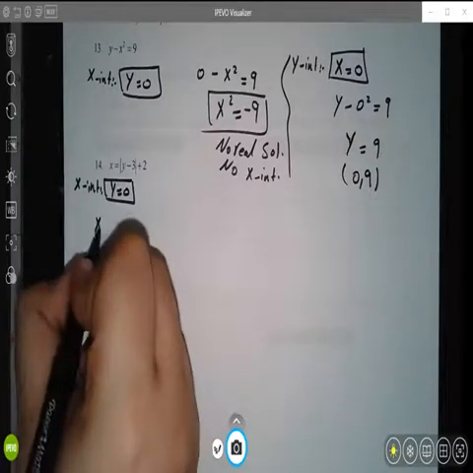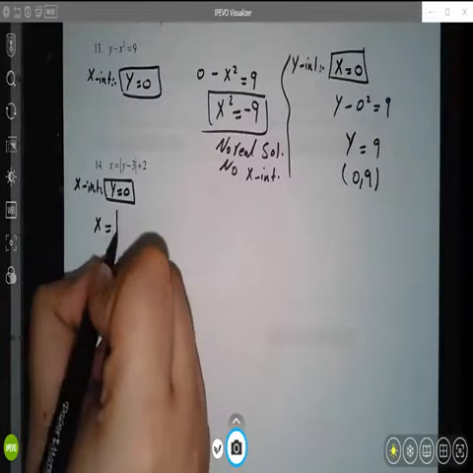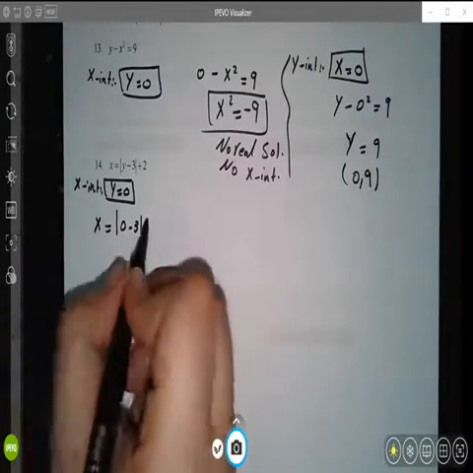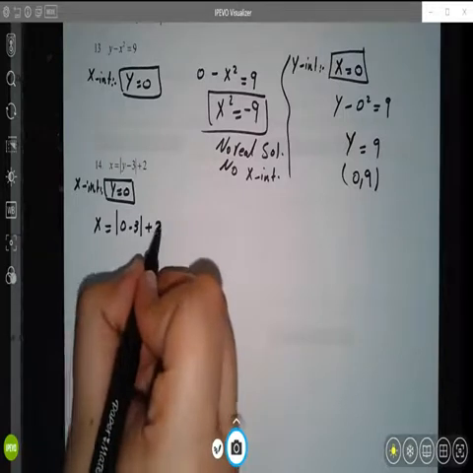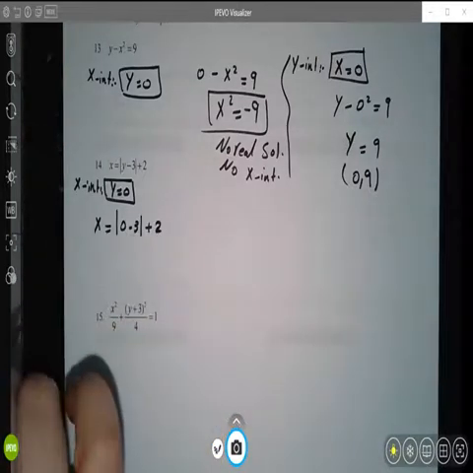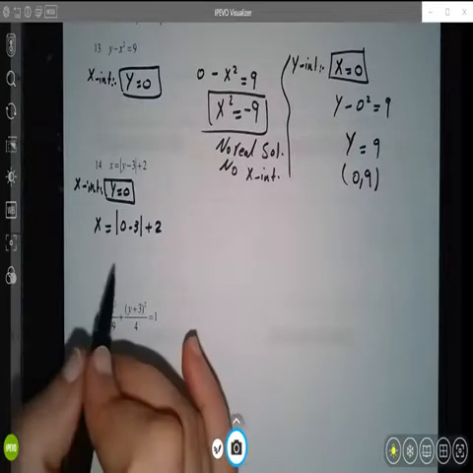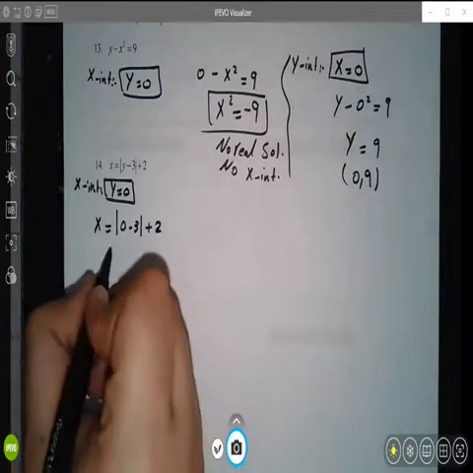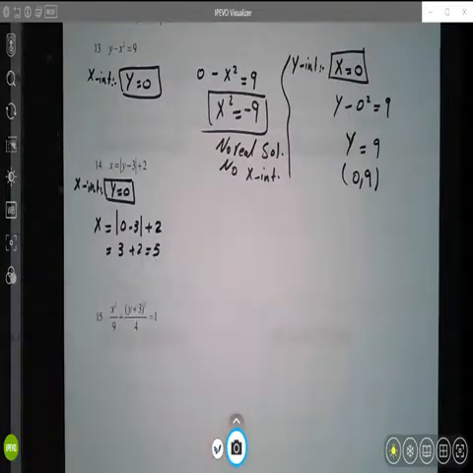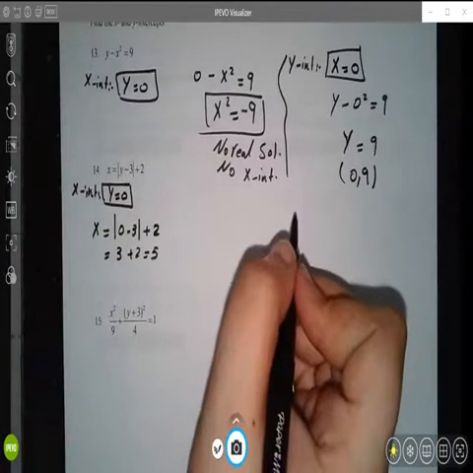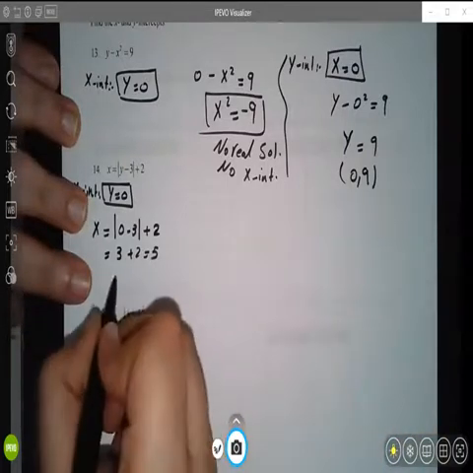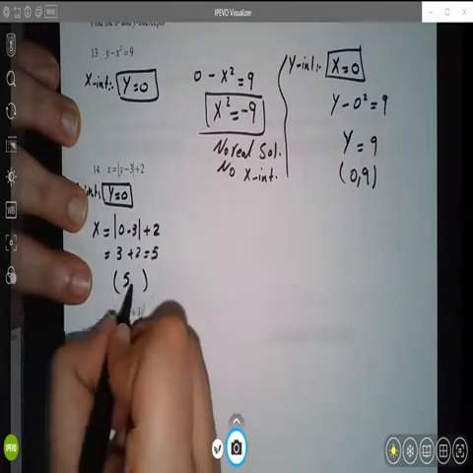So we have x equals absolute value of 0 minus 3, plus 2. Right? So 0 minus 3 is still negative 3. Take it out of the absolute value and it becomes positive. So you have positive 3 plus 2, which is 5, right? So the answer is 5. That means the point is 5, 0.